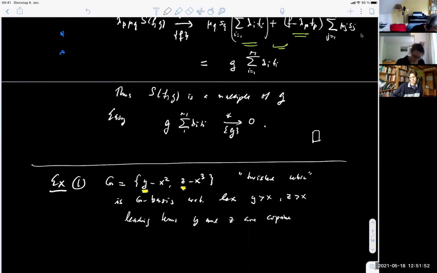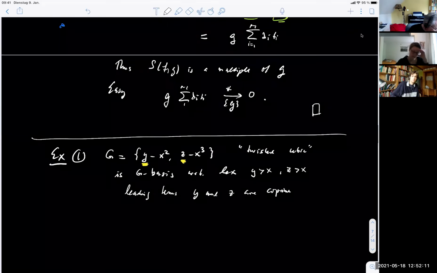I have only 2 polynomials. The S polynomial reduces to 0 because of our criterion. So I see this is a Gröbner basis without doing any calculation. You see, that's in a way nice.